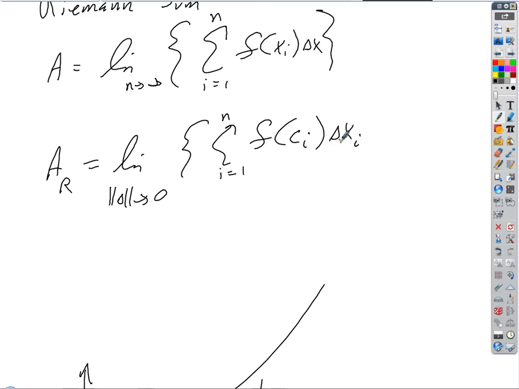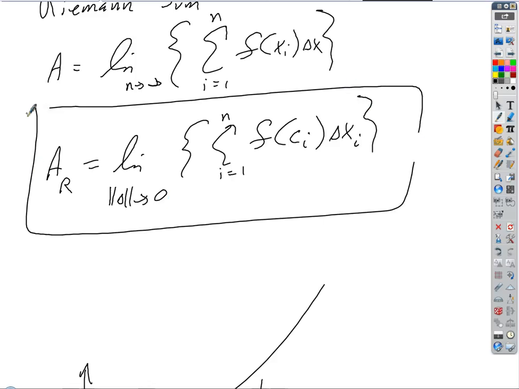As long as delta x sub 4 goes to 0, then doesn't delta x sub 3 have to go to 0 also, if delta x sub 4 is bigger? So if the widest subinterval is going to 0, it's going to take everything else with it. So this is technically the way we write a Riemann sum. And it's in your book. It's in the textbook. That's no big deal.